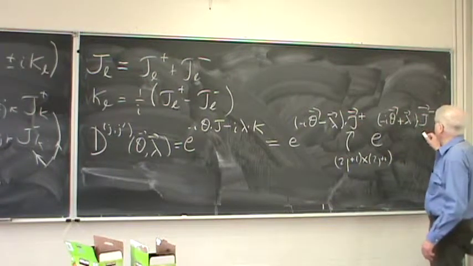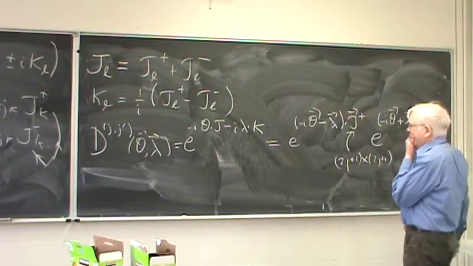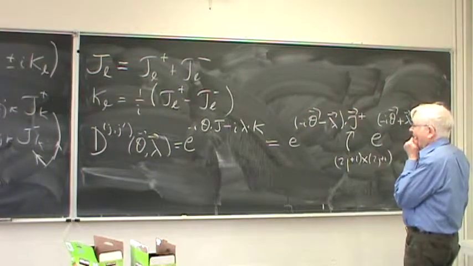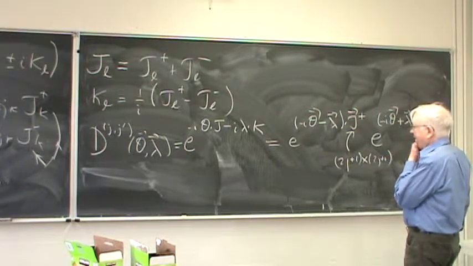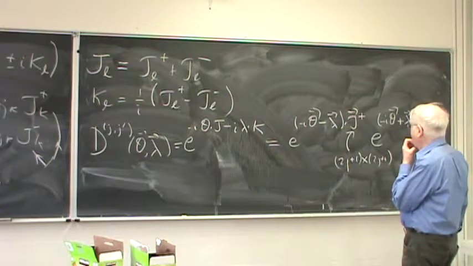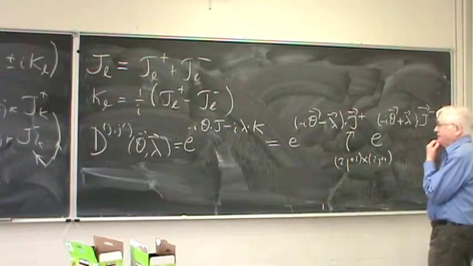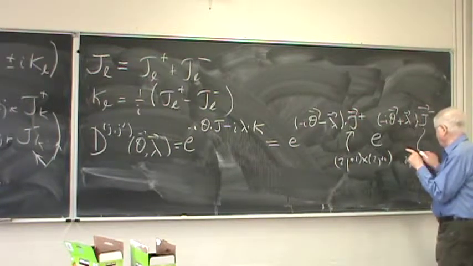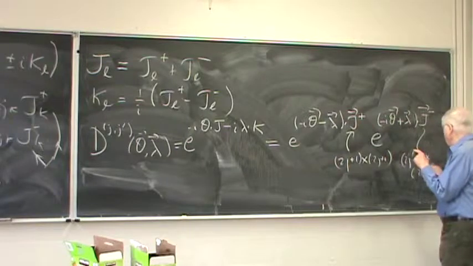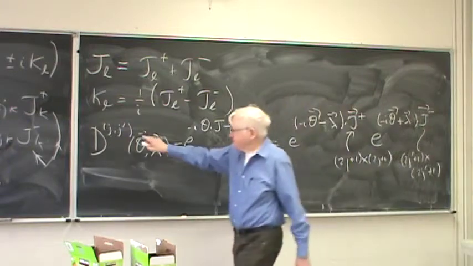And these guys, let's see, I should have a prime here, shouldn't I? So yeah, that's right. What I'm saying here is that these guys are 2J prime plus 1 by 2J prime plus 1 dimensional matrices. So that's what this J prime is.